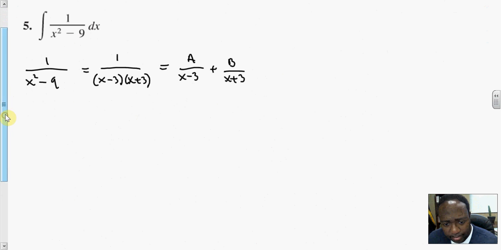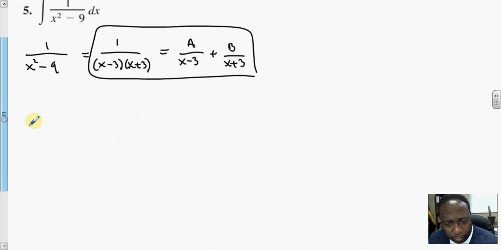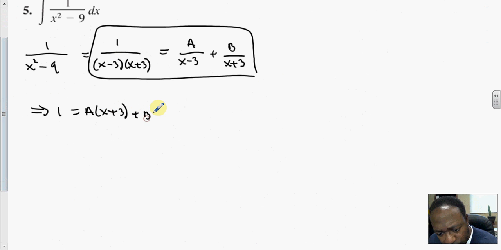That's the question. We look at this expression, and from the method of partial fractions, you multiply both sides by the least common denominator, which is x minus 3 times x plus 3. This implies that 1 is equal to A times x plus 3 plus B times x minus 3.